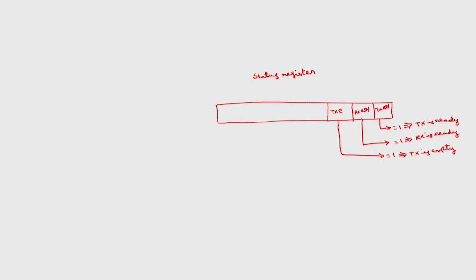Then we have parity error. If I transmit the even parity signal and I receive odd parity, then there is a parity error. So, this bit will be 1 if a parity error occurs.